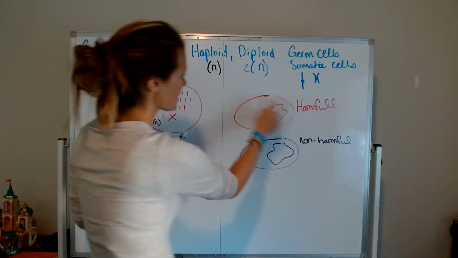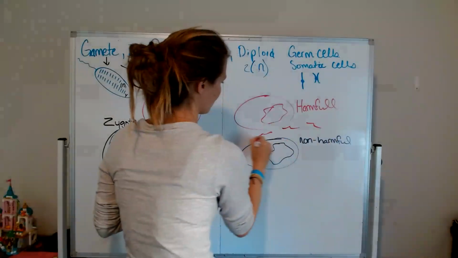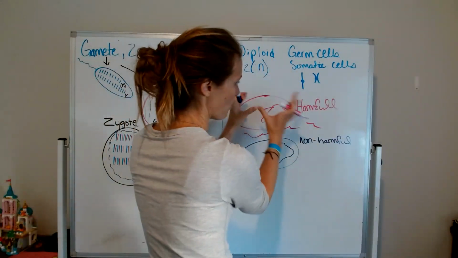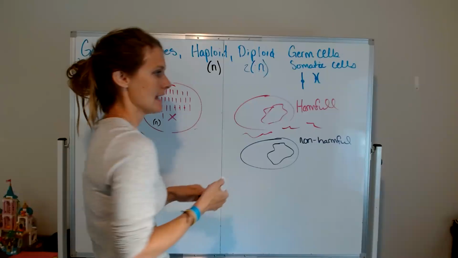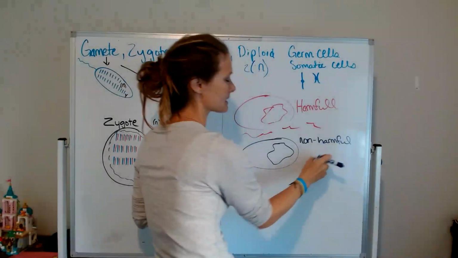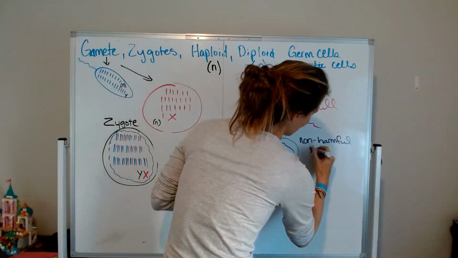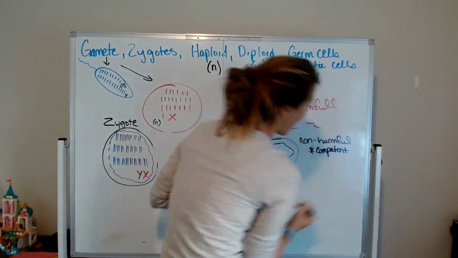Let's say something comes and it kills this one, right? But now its genetic information is floating around, right? Because this just doesn't poof disappear, right? We got to break it down. Well, let's just say if this has the ability to do so, it has to have the ability, it's called competent. It has to be competent.